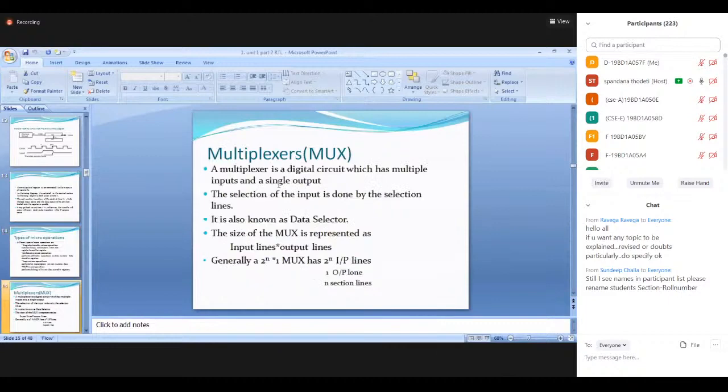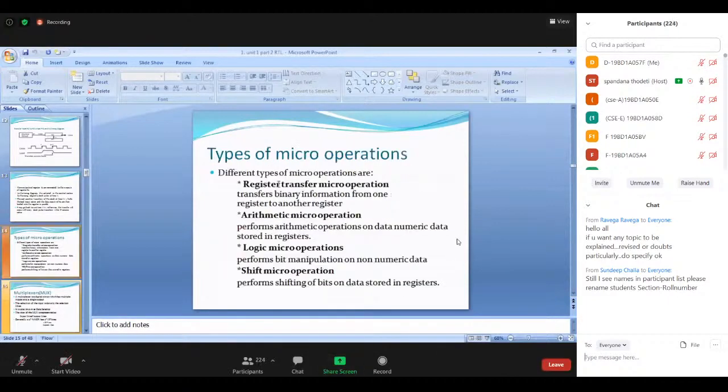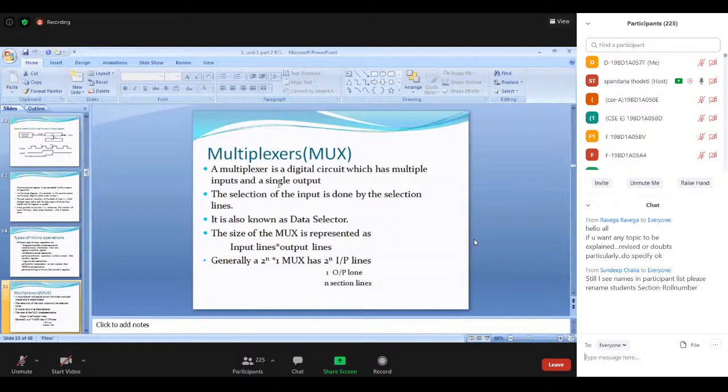Now, before we discuss the different types of micro operations, we should know what a multiplexer is, because for construction of the arithmetic, logic, and shift micro operations, you may use a digital circuit known as a multiplexer. Simply, we'll call it a MUX.